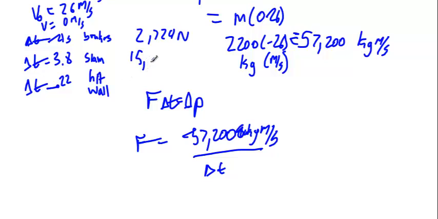It's 15,052.6 newtons. But for case 3, where this thing hits a wall, 57,200 divided by 0.22, right? That's basically, say, multiply your force by 5. We get 260,000 newtons of force. That's a lot of force.